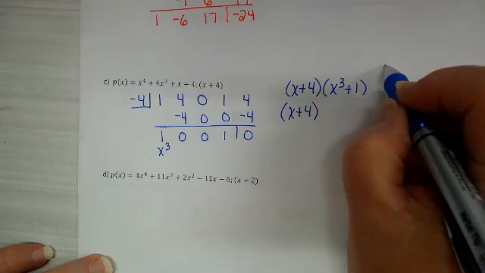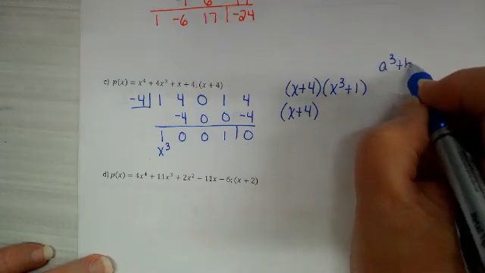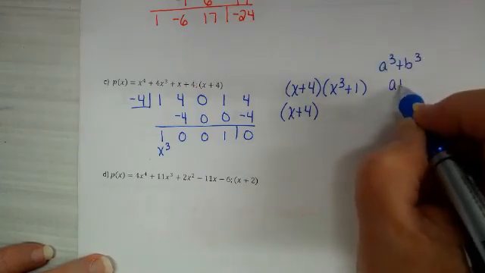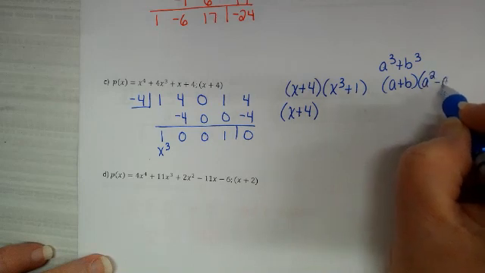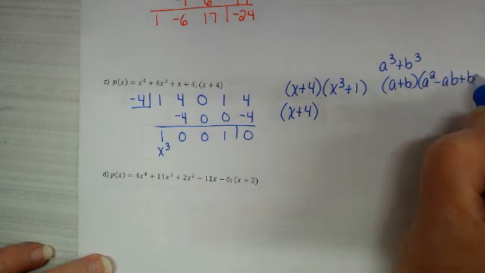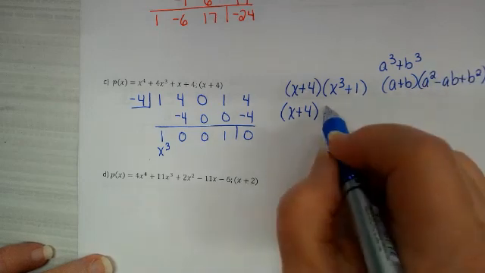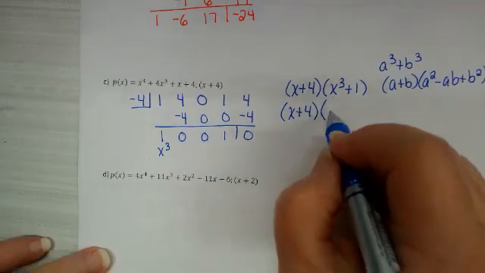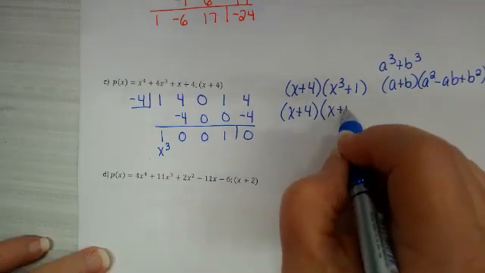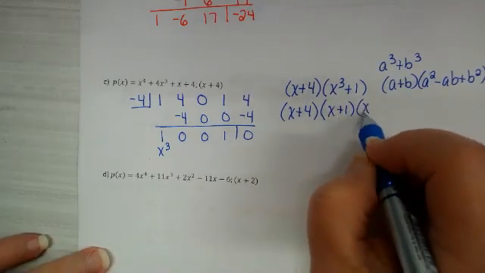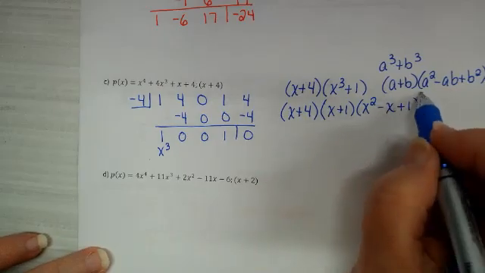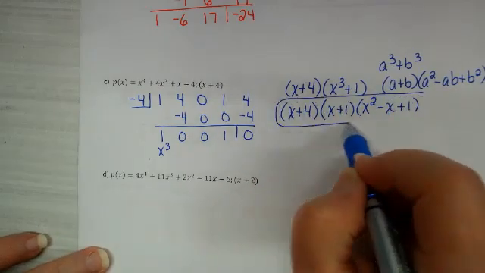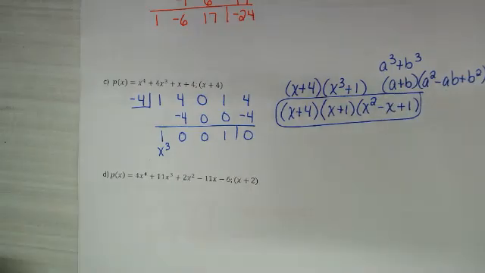So remember, the sum of cubes was a plus b, a squared minus ab plus b squared. So x plus 1, x squared minus x plus 1. And that would be our answer to that one.